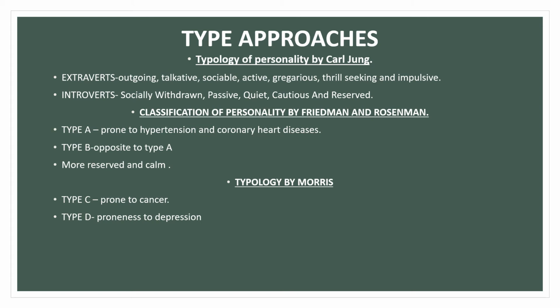They mostly suppress their negative emotions like anger and aggression, and show more compliance to authority. That means they follow their commands and orders. Next personality is type D personality, which is more prone to depression.